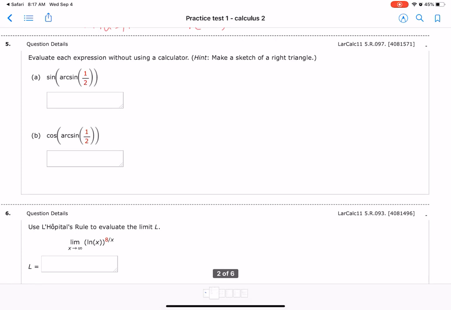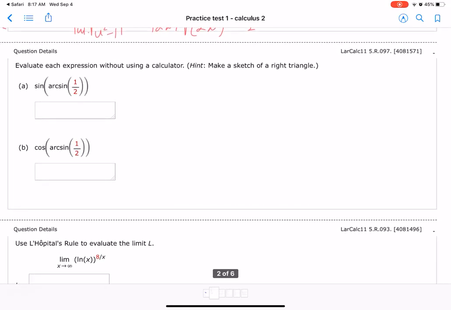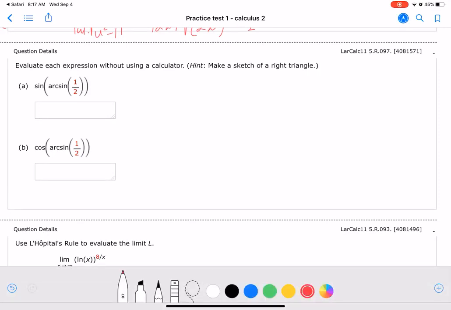All right, let's move to the next one. Evaluate each expression without using a calculator. Of course, with a calculator, everything is easy, right? You just put your function in the calculator, and it will show you the answer. All right, so here we have sine and arcsine.